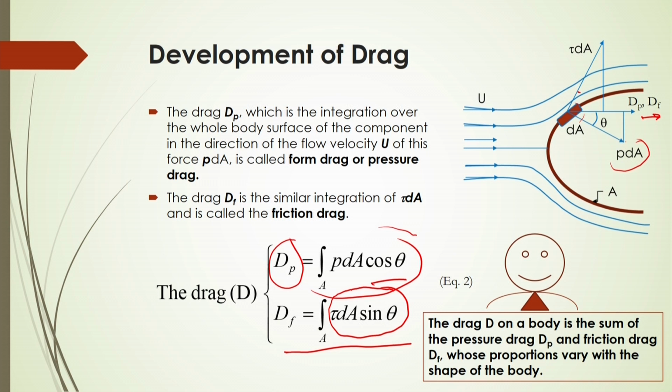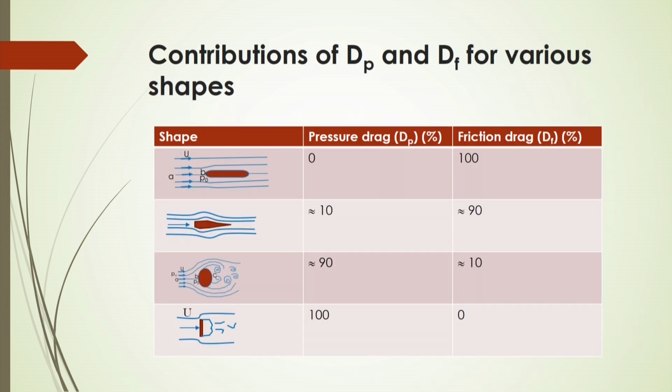So, these are the basic concepts of drag, and the contributions of the drag force by pressure and friction for various shapes are shown in this table. If you consider this shape, you will see that pressure drag will be almost 0, whereas friction drag will be 100%.